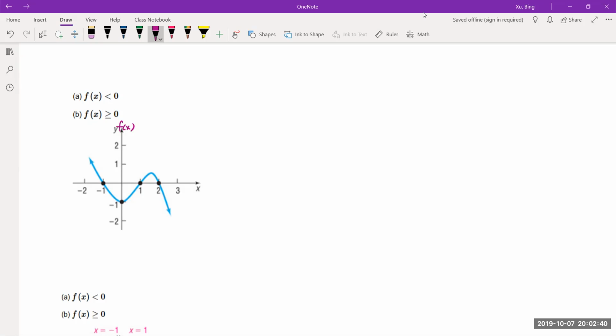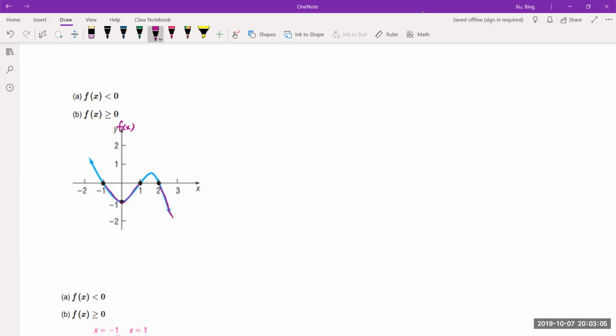Basically, we want to find all the x values that make y less than 0. So when is y less than 0? Just on these intervals, like this part and that part. So what are the corresponding x values?